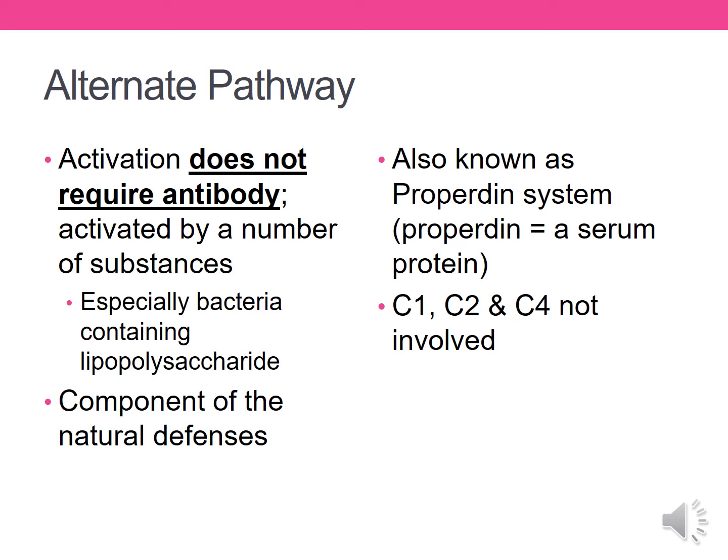Remember that we do not need an antibody to activate this pathway. C1 connects to the antibody and starts the classical pathway, but we don't have antibodies to start this pathway, so we will not need C1, C2, or C4.